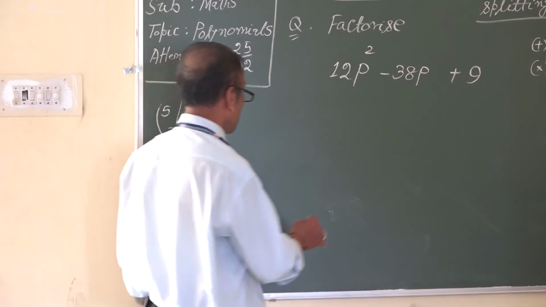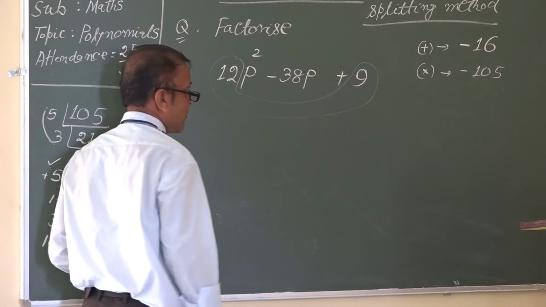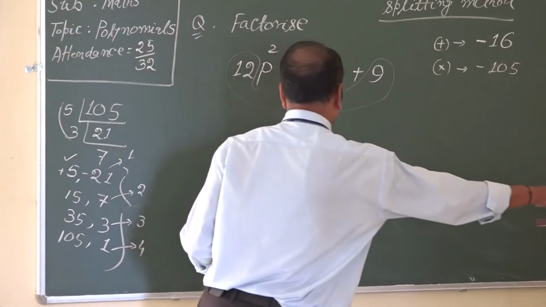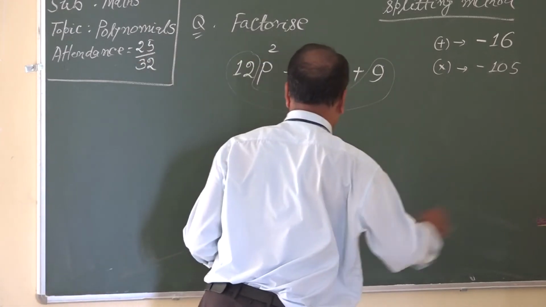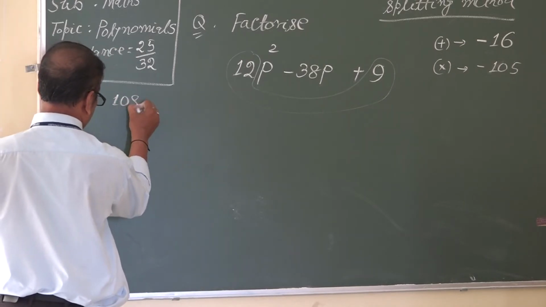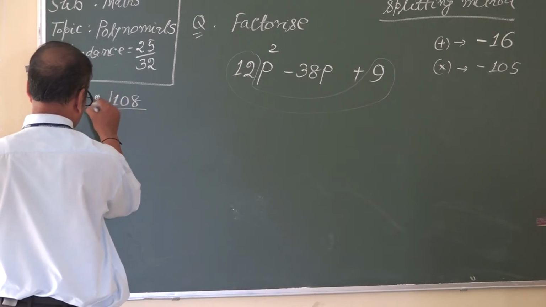So first, you multiply these two, see what the product is. The product of the first and last terms, what we are finding, must be equal to 108. Factorize it.